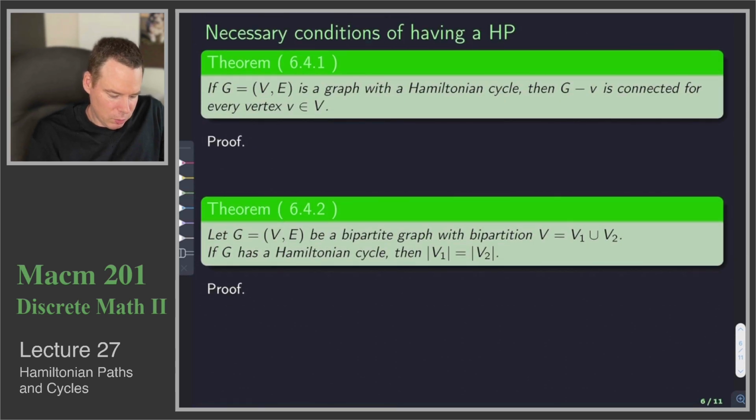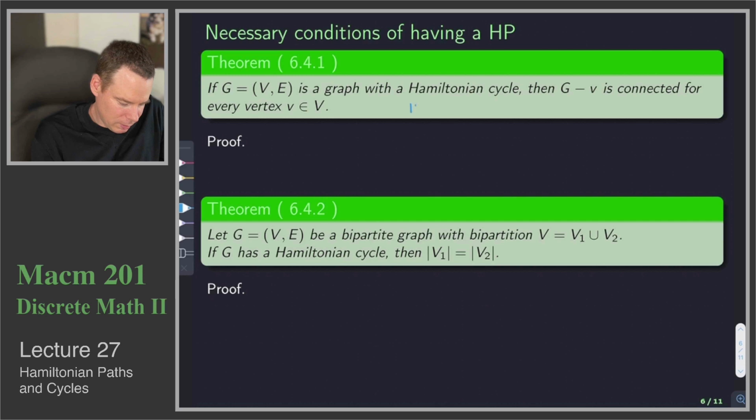So what's the best we can do? The best we can hope for is to have a collection of necessary conditions and a collection of sufficient conditions. So that's where we're going to focus our attention. We'll focus our attention on a couple of necessary conditions of having a Hamilton path, and then we'll look at a sufficient condition for having a Hamilton path. So what's a necessary condition? Well, here we have that if G has a Hamilton cycle, then G take away V is connected for every vertex V. So if I remove any vertex from G, the graph remains connected.